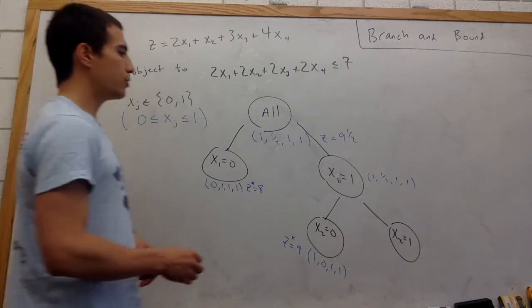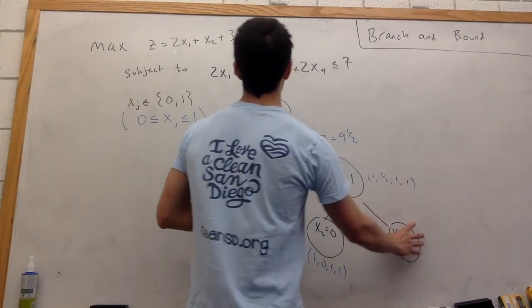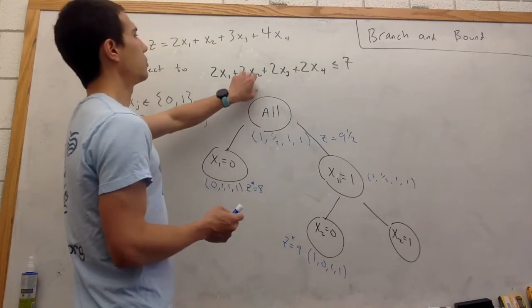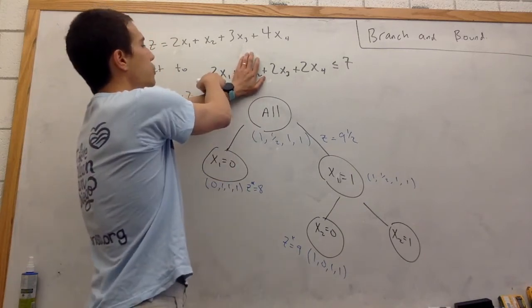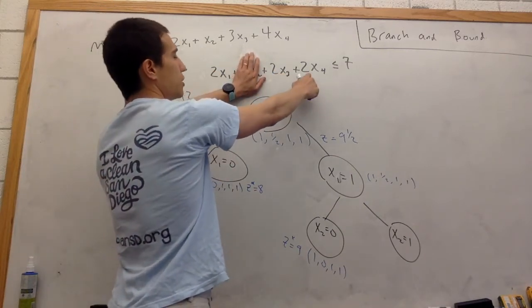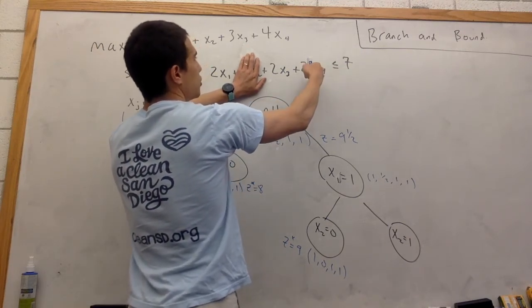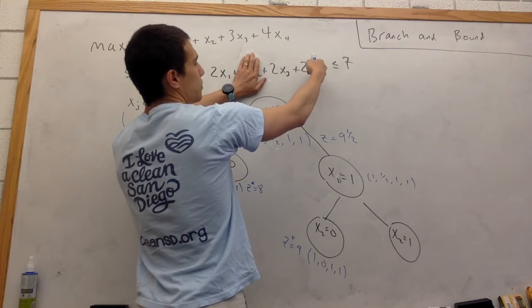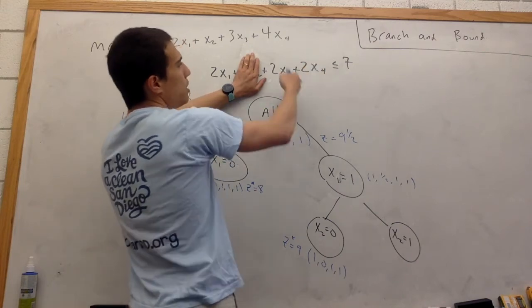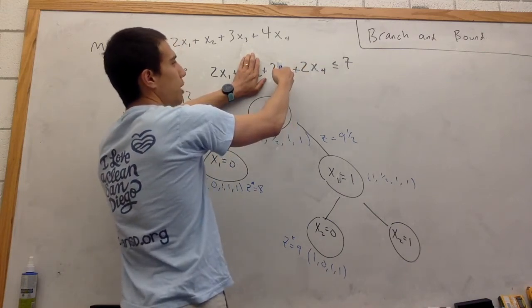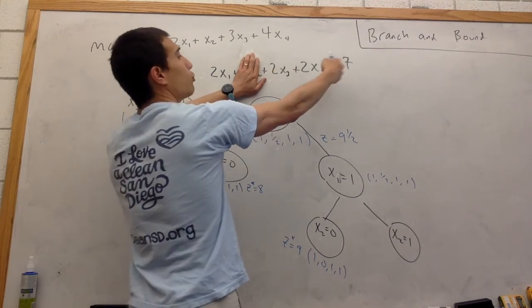And if I set x2 equal to 1 and try to solve the LP relaxation, then I need 2 times x1 plus 2 times x3 plus 2 times x4 to be less than or equal to 5. Using the same logic, I want to increase x4 as much as possible up to 1, then there's still room, so increase x3 as much as possible up to 1, and then there's still room to work with.